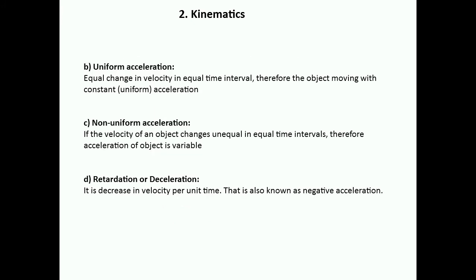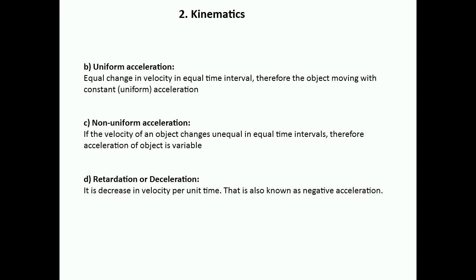The next type is uniform acceleration, which you can call constant acceleration. It means equal change in velocity in equal intervals of time, so the object is moving with constant or uniform acceleration. Every interval of change of velocity remains the same.